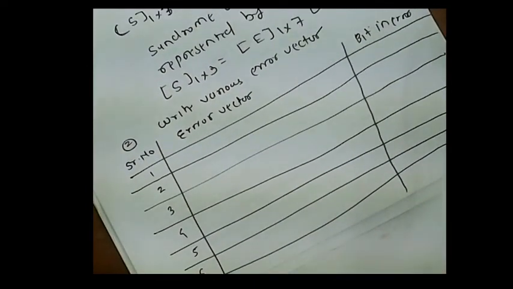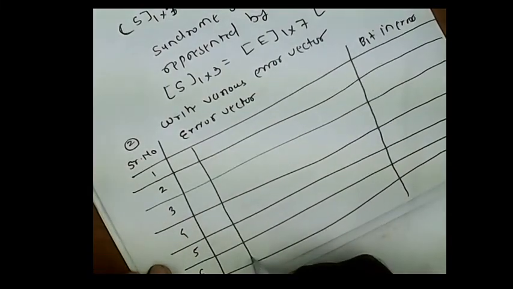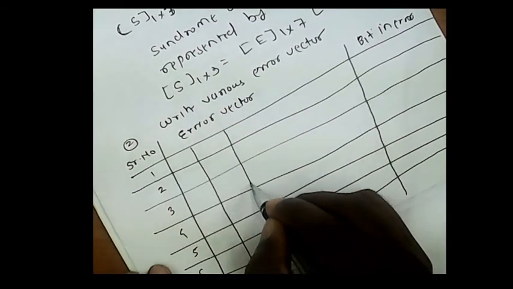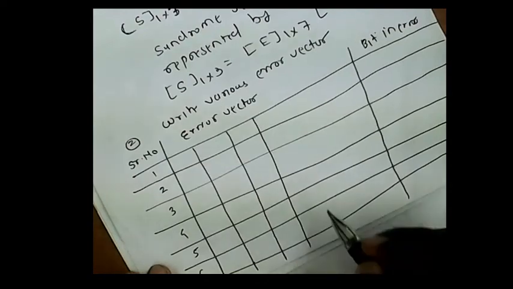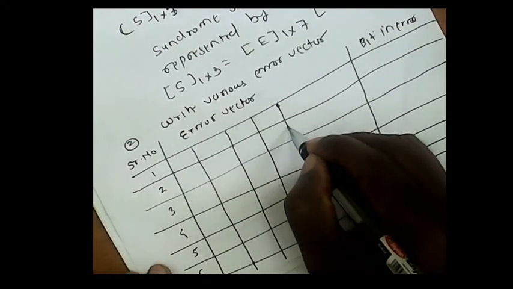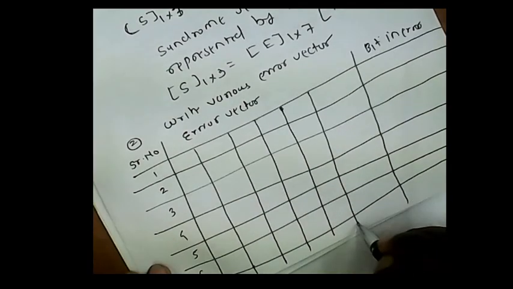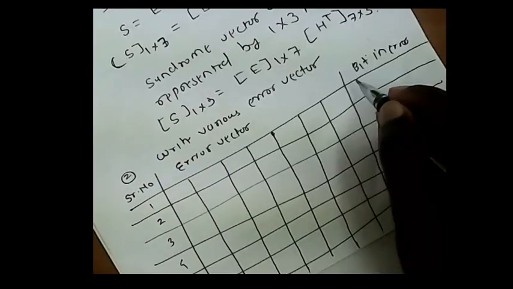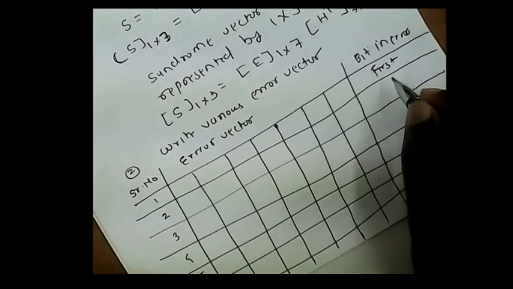So we can write down the error vector, with columns 1, 2, 3, 4, 5, 6 and 7 drawn. Here the first bit error will occur.